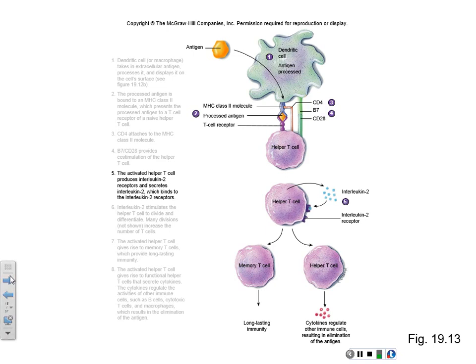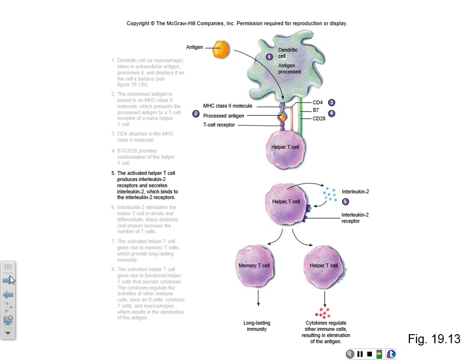After that co-stimulation and all that activation, the helper T cell is now activated, it's excited now. It will start to produce interleukin-2 receptors, and it will also produce interleukin-2 itself. And then the interleukin-2 will attach to the interleukin-2 receptors that have just been formed.